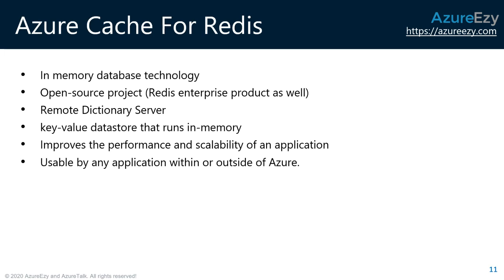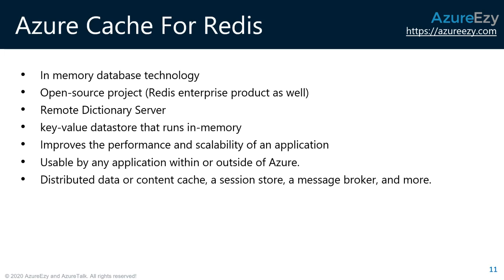Now, where can you use it? When we say Azure Cache for Redis, you can use it for any application, whether that application resides in Azure or outside of Azure. You can use it for both scenarios.